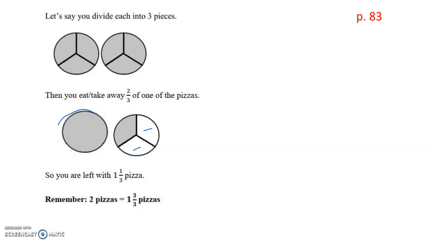So we're left with 1 whole pizza and 1/3. And what this visual shows us is that 2 pizzas is the same thing as 1 whole pizza and 3 pieces, 3/3. And that's what we need to understand when we're borrowing, that 1 and 3/3 is the same thing as 2.